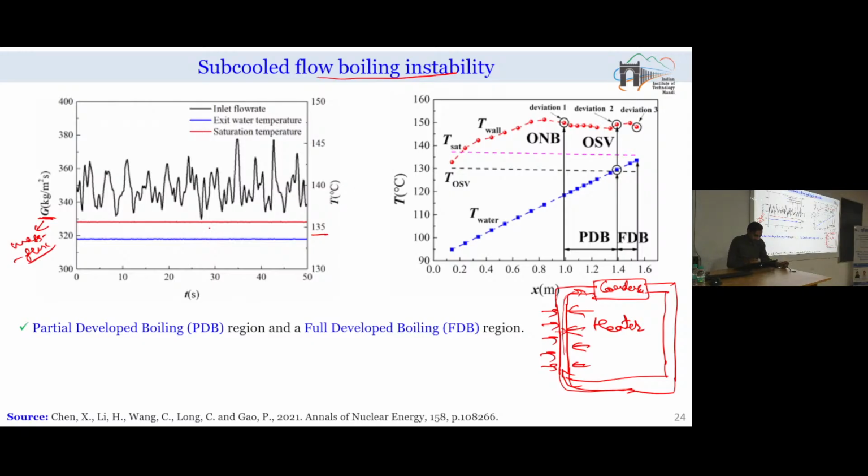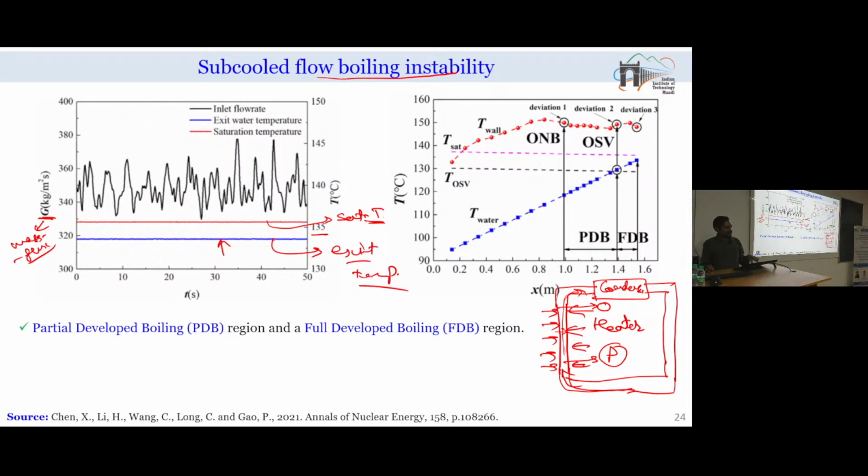So, the red colored line over here is representing the value of saturation temperature corresponding to the local pressure of this heater section. So, whatever is the pressure of the heater section, at that point whatever is our temperature, that is the saturation temperature, and the blue colored line is representing the exit temperature of the working fluid.